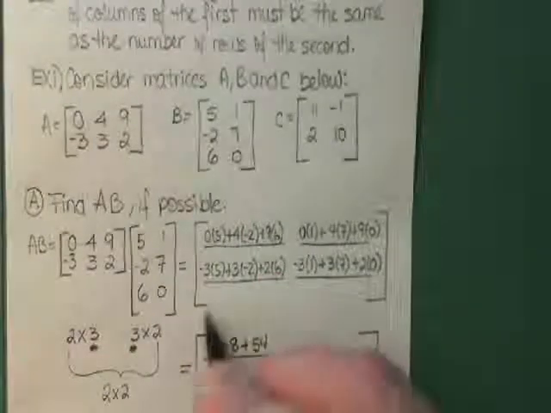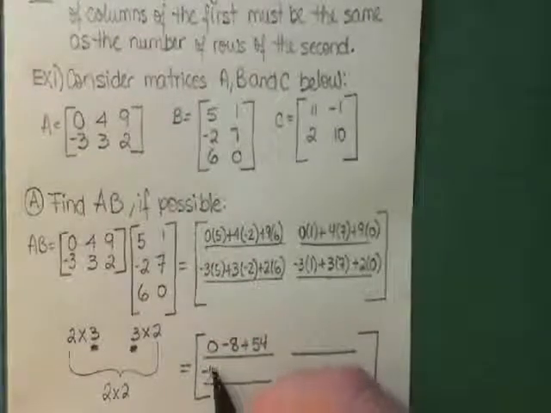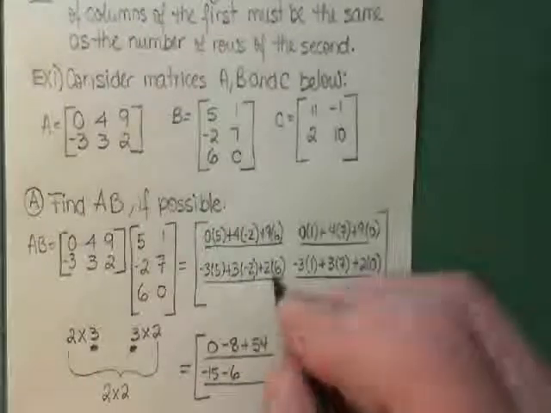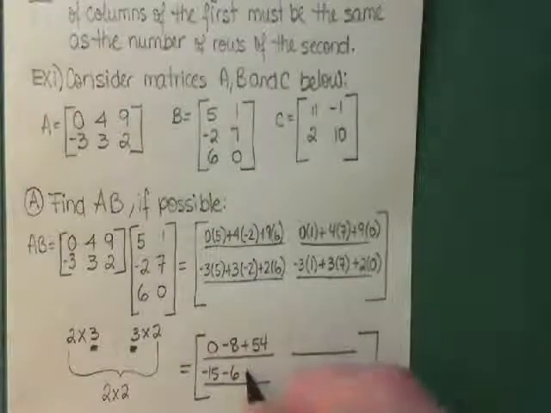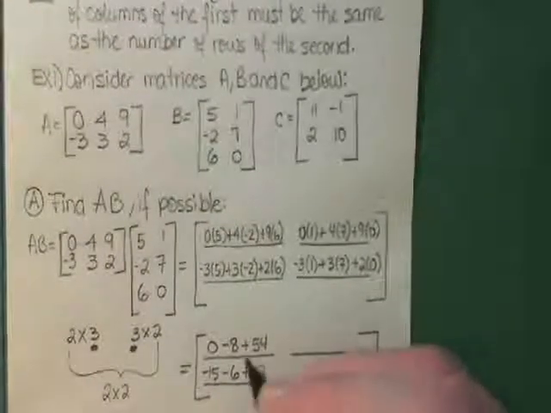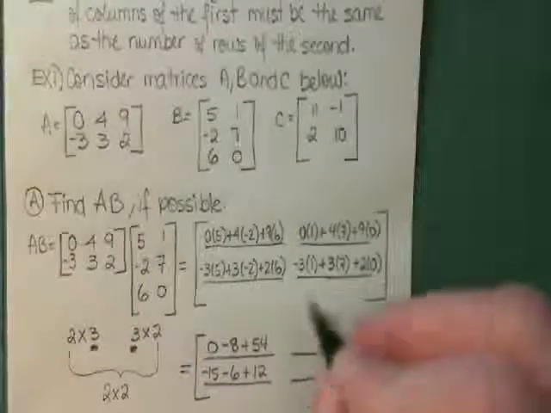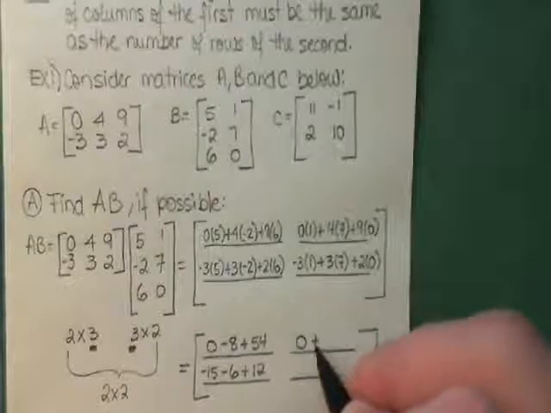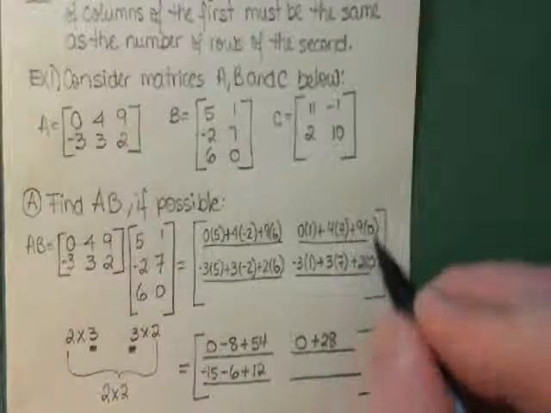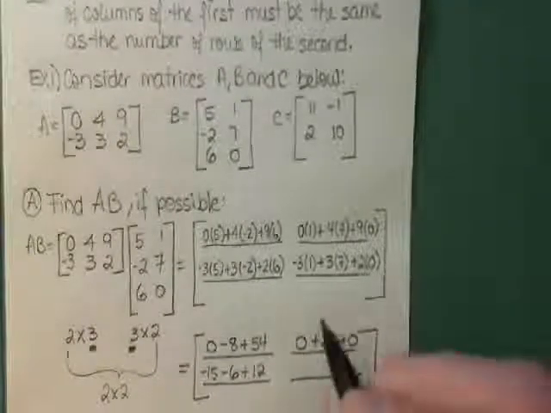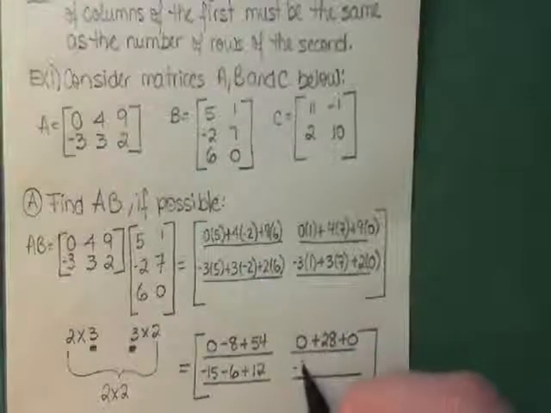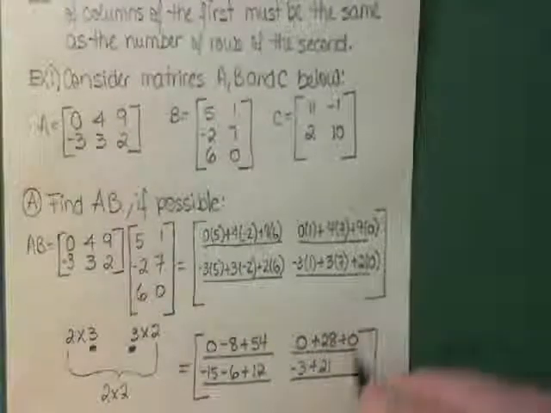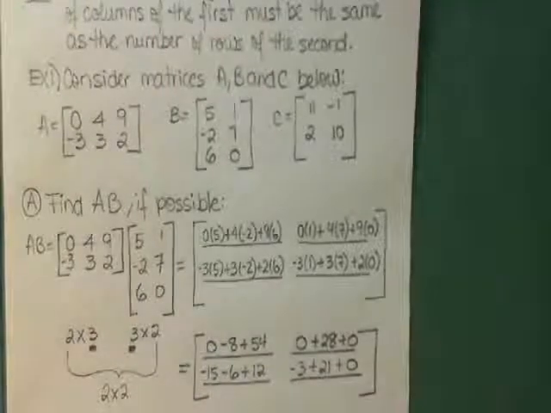Negative 3 times 5 is negative 15. 3 times negative 2 is negative 6. 2 times 6 is positive 12. And then 0 times 1 is 0. 4 times 7 is 28. 9 times 0 is 0. Negative 3 times 1 is negative 3. 3 times 7 is 21. And 2 times 0 is 0.